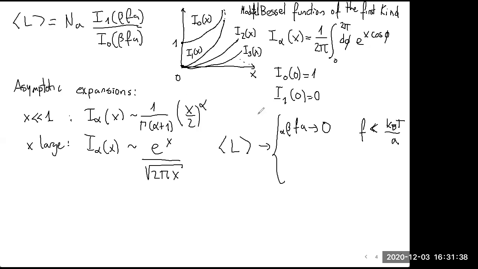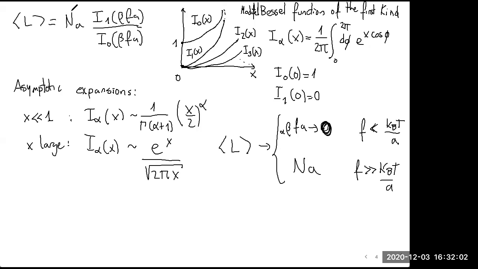Very simple. So it goes to 0 for f small. And when f is large, this goes like e to the x, 2 pi x. It will be e to the this. It will be the same dependency for both. The ratio between these two is 1 at long values of x. So this will go to Na when f is much greater than kBT over a.